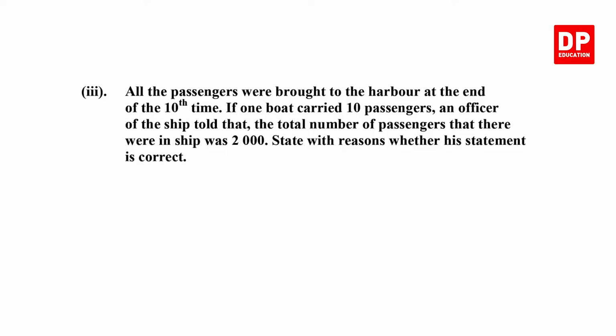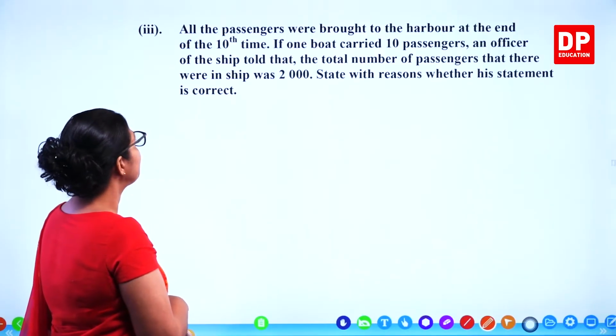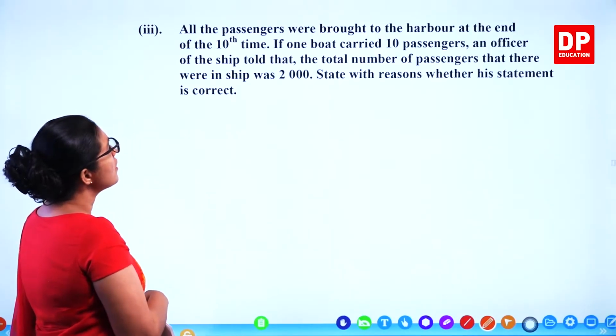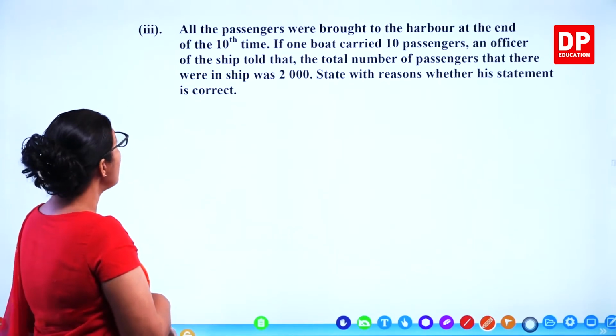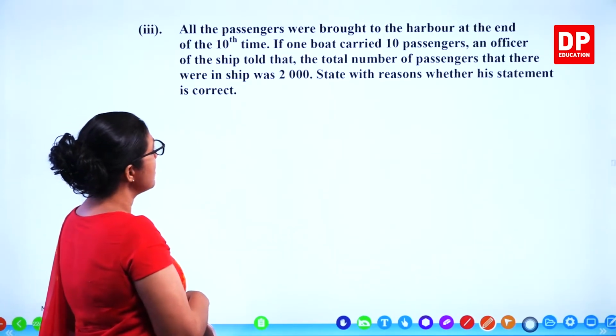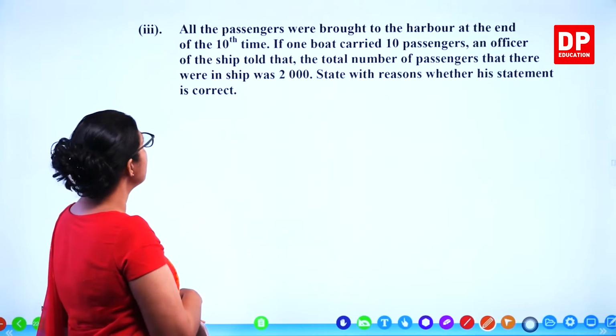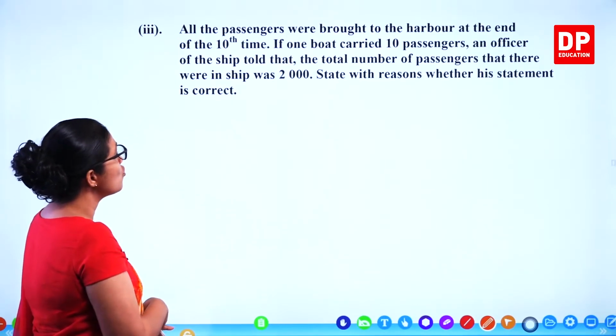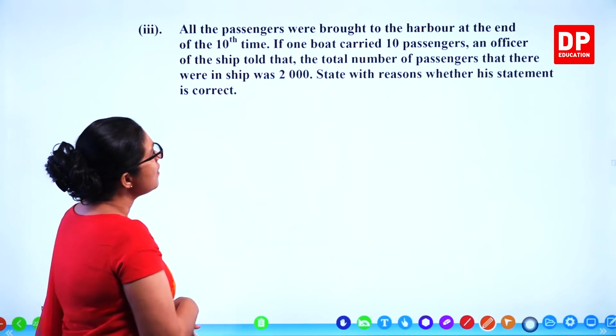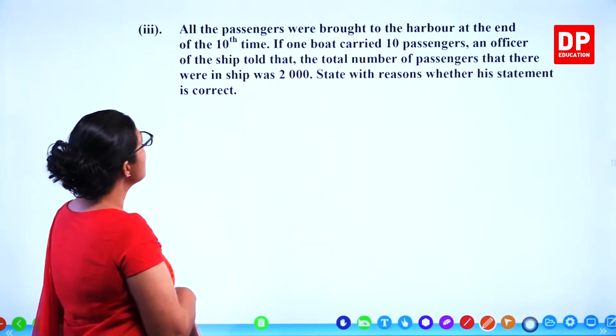Part 3. All the passengers were brought to the harbour at the end of the 10th time. If one boat carried 10 passengers, an officer of the ship told that the total number of passengers that there were in the ship was 2,000. State with reasons whether his statement is correct.